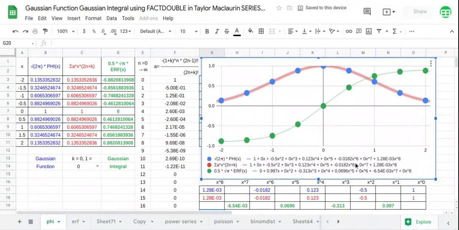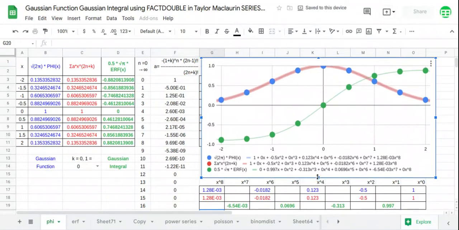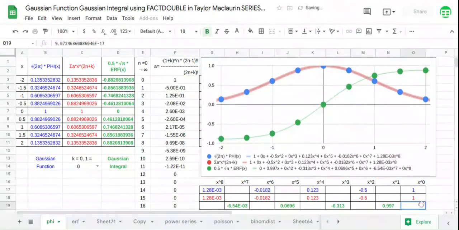So coefficient of x to the 0, 1, 1, 0. Coefficient of x, that's 0, 0.997. Coefficient of x squared, minus 0.5, minus 0.5, and 0.